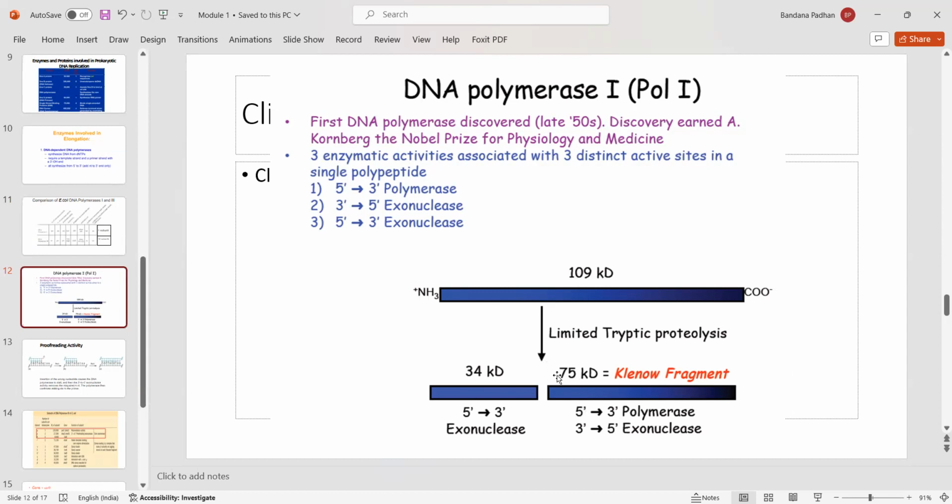The larger fragment is about 75 kilodalton in molecular weight, whereas the smaller fragment is about 34 kilodalton.